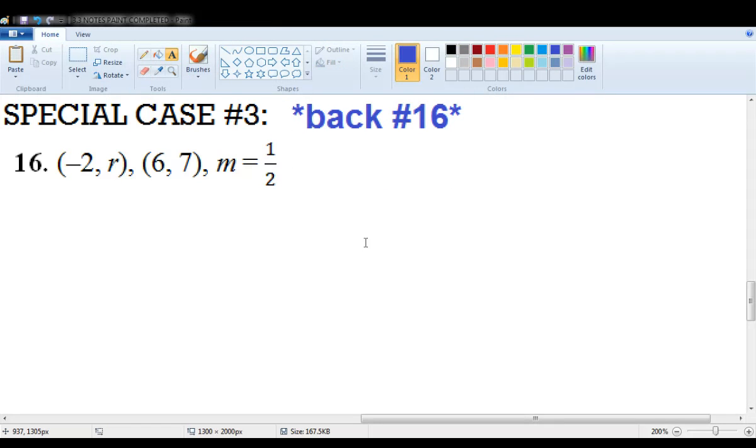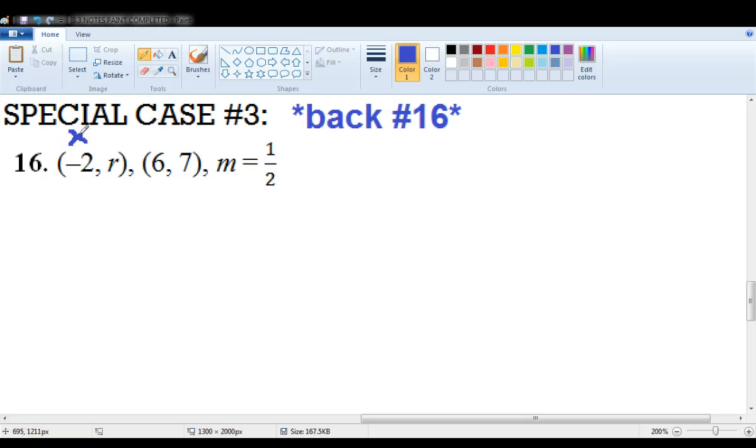They were not on your paper initially. This one was actually number 16 from the back. And the way it works is this. They're telling you that the slope is going to be 1/2, and then they're giving you the 2 points. The problem is there is something missing from the point. You have to figure out what the missing piece is.